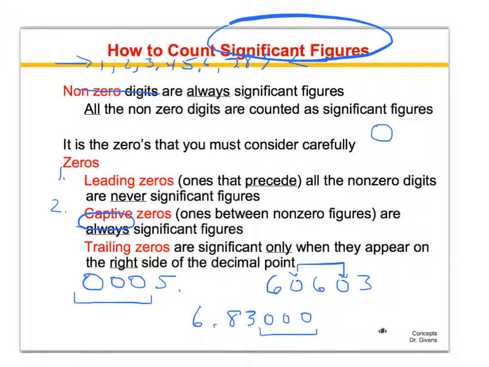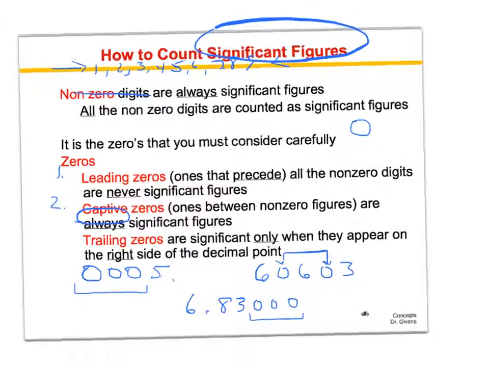So let's go back over the rule again and see if we can get an idea of how to understand it. If we're talking about a number that has 0.003, how many significant figures does it have? Leading zeros are never significant, so this number has only 1 significant figure. So that's rule number 1.